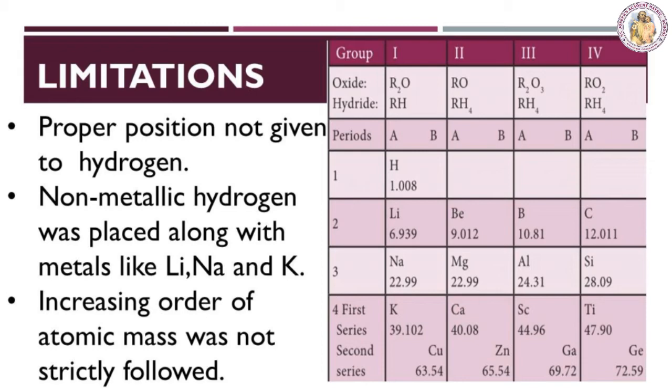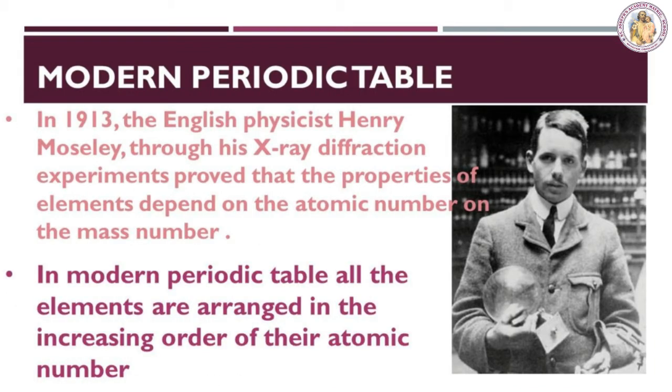The increasing order of atomic mass was not strictly followed throughout. For example, cobalt, nickel, tellurium and iodine were placed somewhere else. So Mendeleev's periodic table was also not satisfactory because it did not arrange all the elements in proper positions.